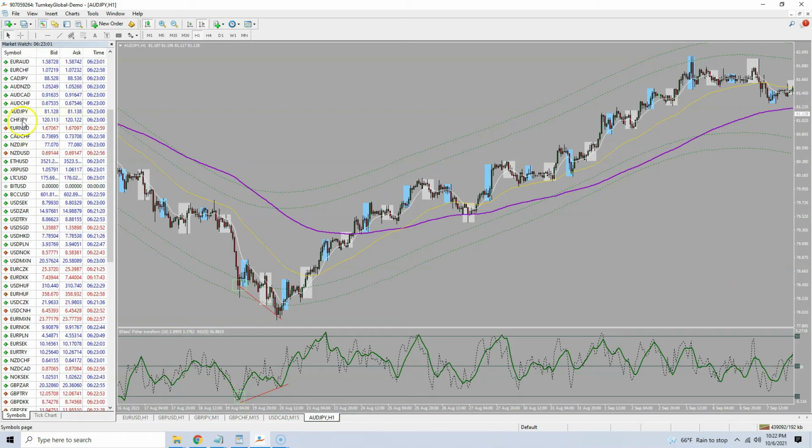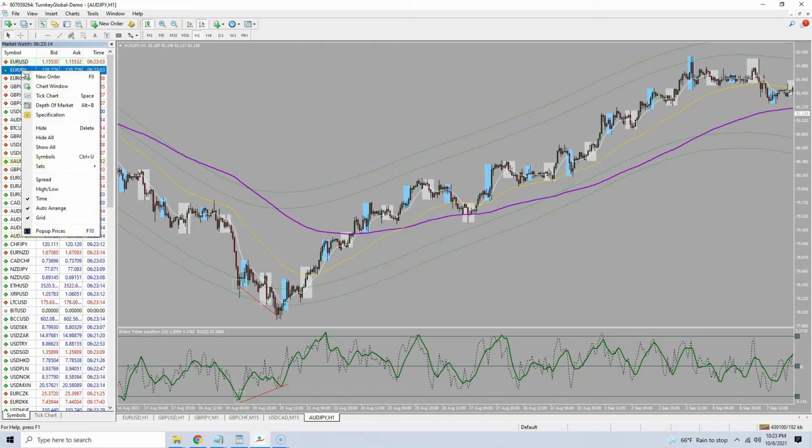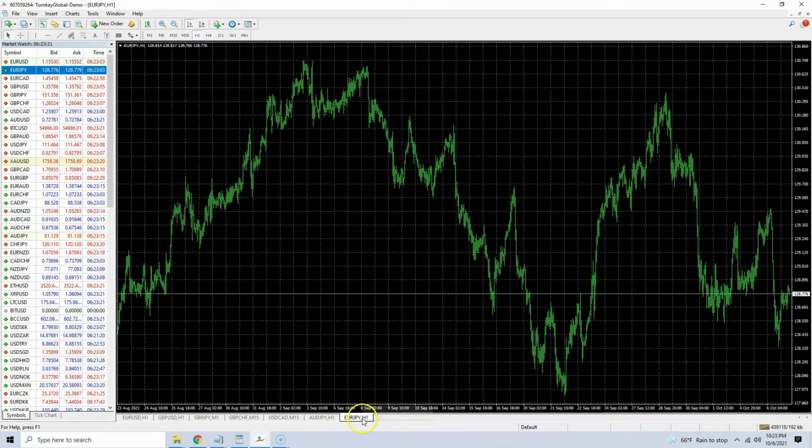I don't trade too many things, but well, I trade a lot compared to a lot of people. But let's say I wanted to trade EJ or the Euro Yen. You right click on it and just say click on chart window, and then that's going to pop up down here. Your charts are always going to pop up like this, and then you can go to this box.